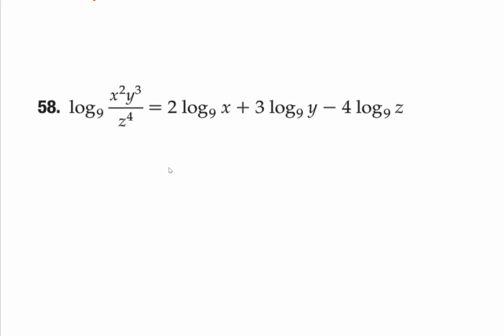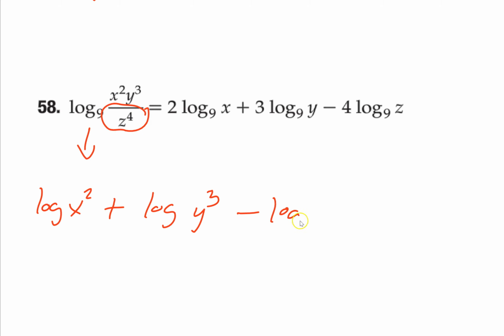This one right here, they're asking if all of this is true. Let's break this up ourselves. How would I break that up? Well, multiplication is addition. So if it's something like this, plus log y cubed. Notice how you're dividing by z to the 4th. So that's a negative, minus log z to the 4th. And then you have all these powers.